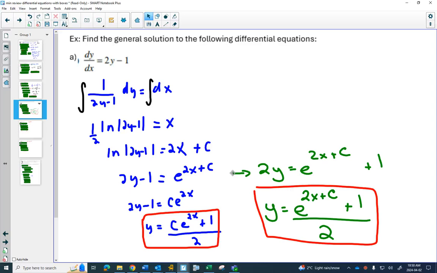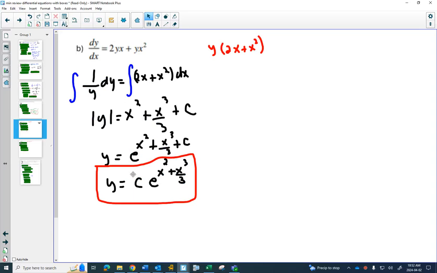In my mind, those are both equally the same. You could have had the plus c in the exponent. That would have been fine as well. But your plus c looked a little bit too low there.